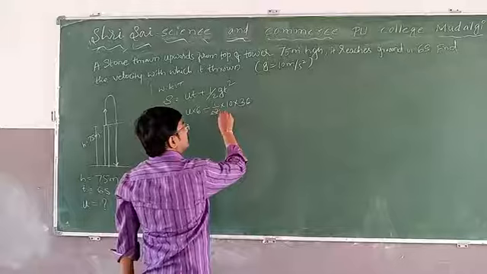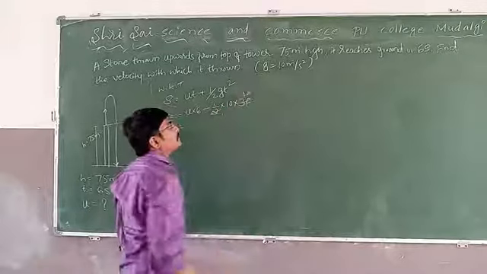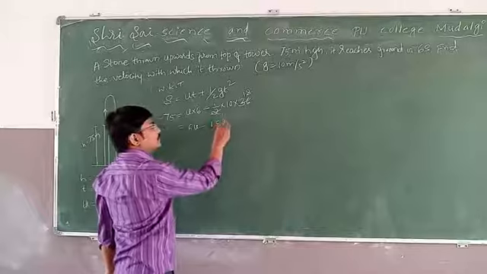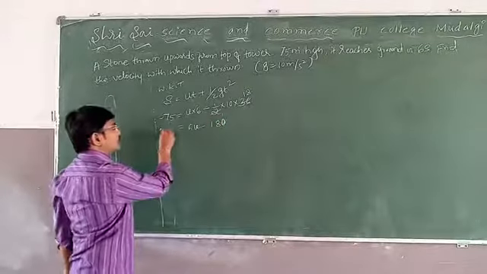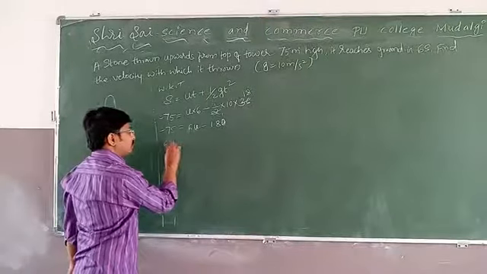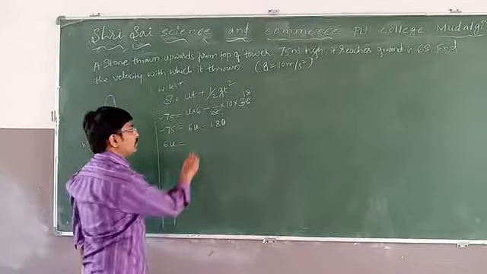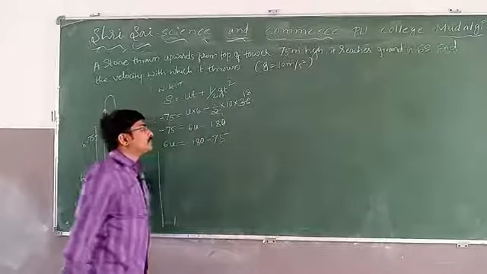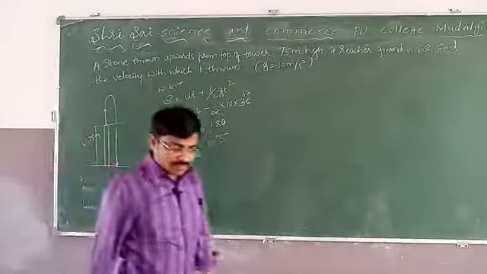Next, simplify it. 2 ones are 2, 18. So 6u minus 180 is equal to minus 75. If we bring this to the other side, 6u is equal to 180 minus 75.